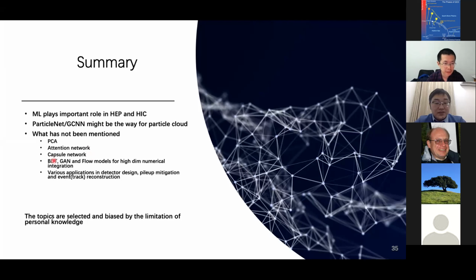Also, some generators are used to do high-dimensional numerical integration, which might be used for particle physics. There are also various applications in detector design, pile-up mitigation, and U-Net track reconstruction.